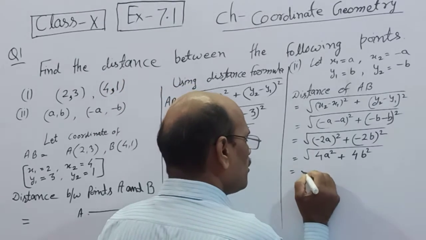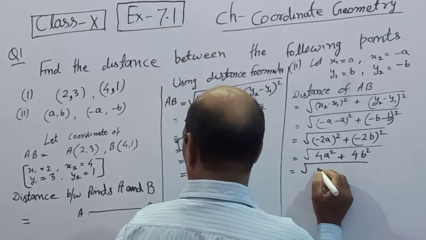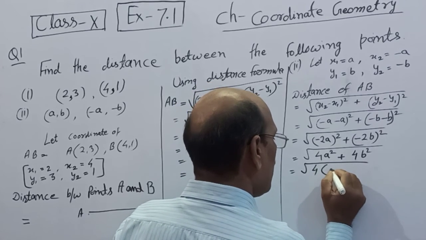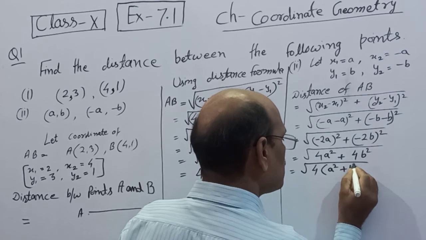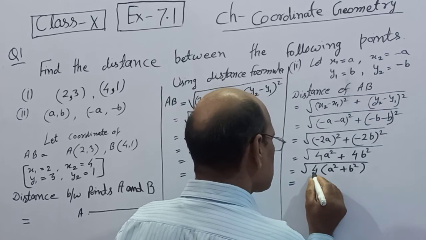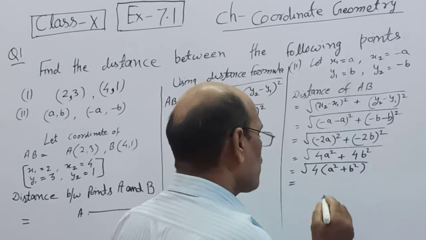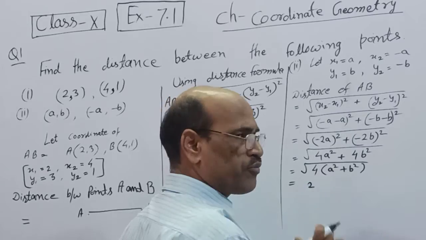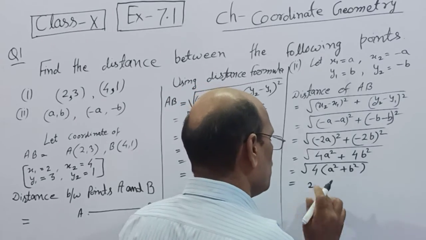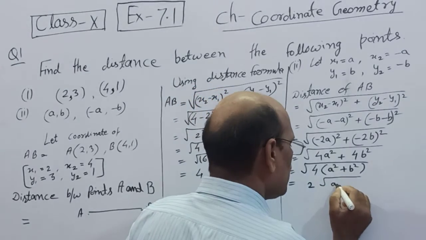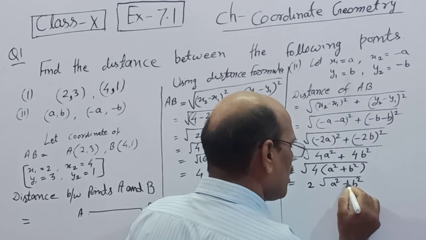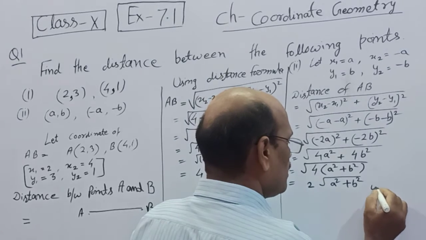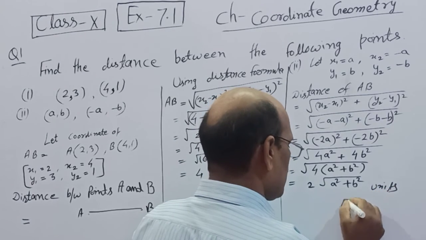First of all I am writing under root 4 is common and a square plus b square. Root 4 means 2, and under root a square plus b square. Then this is the answer.